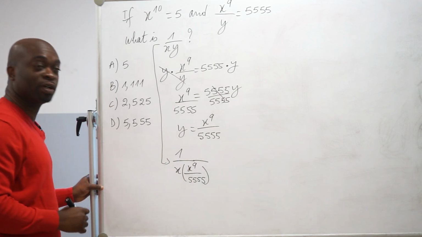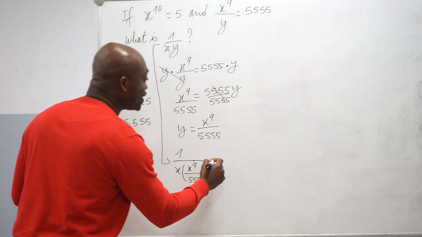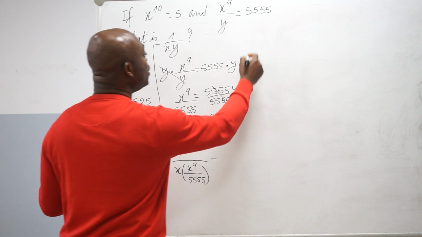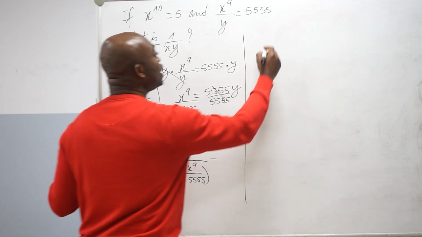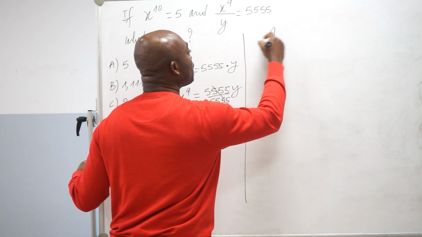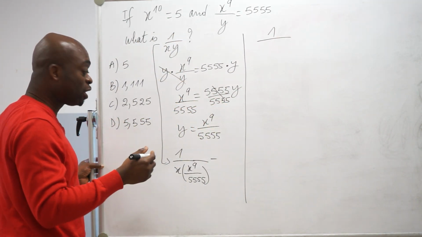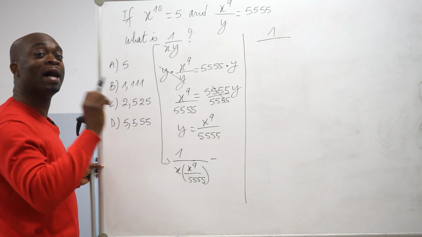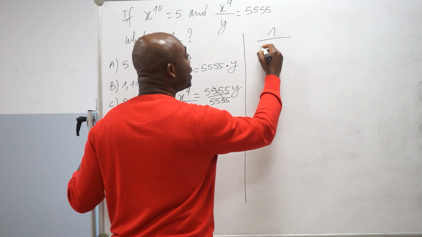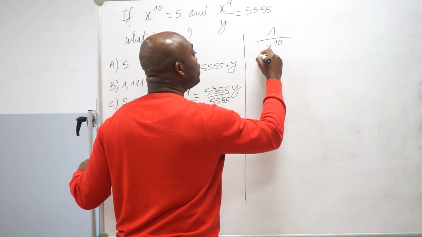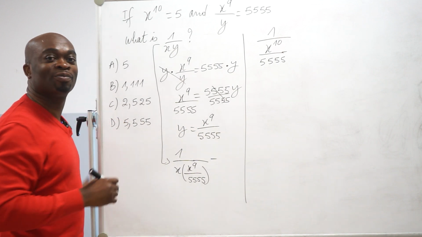This is just the same thing as 1 over x times x^9 over 5555. x times x^9 gives us x^10, because when you multiply the same base, you add the powers. Go back to our previous videos on YouTube and you can find this. So this will give you x^10 over 5555.